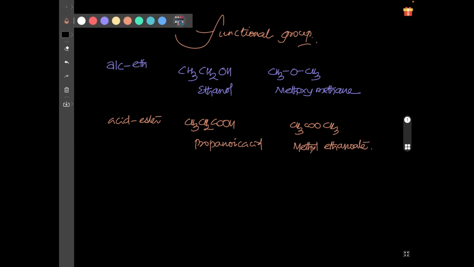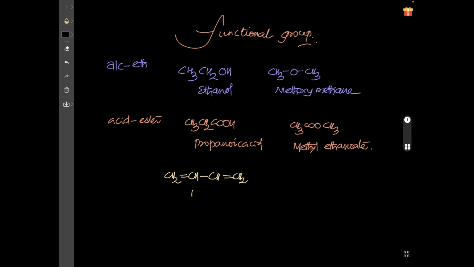Acids and esters. Two double bonds and a triple bond also you can take. CH2=CH-CH=CH2 is buta-1,3-diene. Or you can take simply CH3C≡CCH3, butyne. Functional groups are different. Cyanides and isocyanides: CH3CN, CH3NC. Like these kinds of examples you can take.